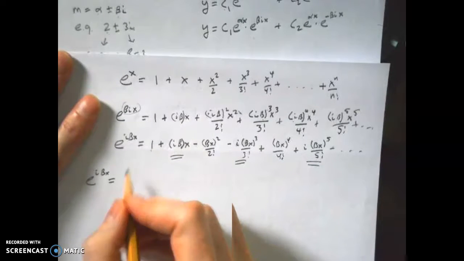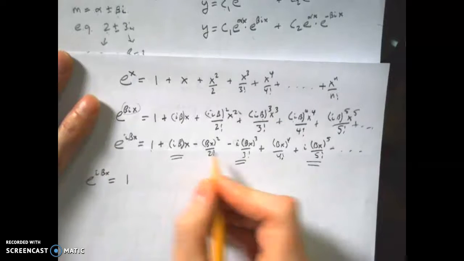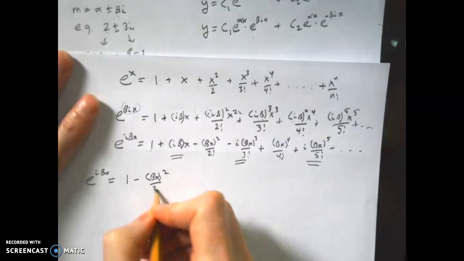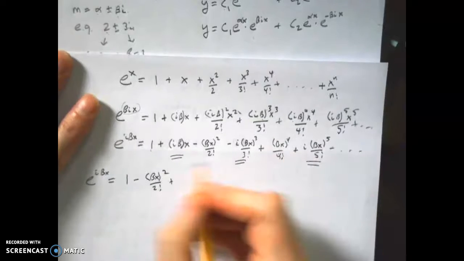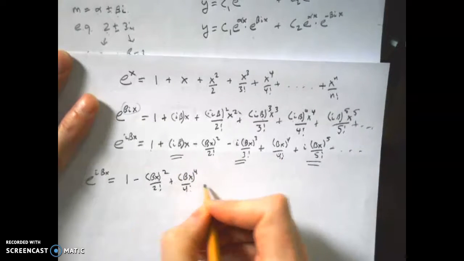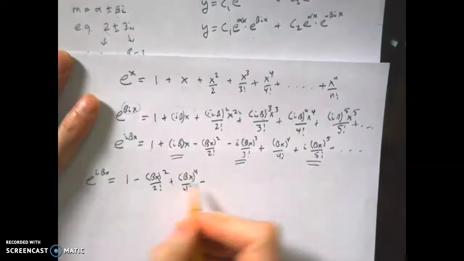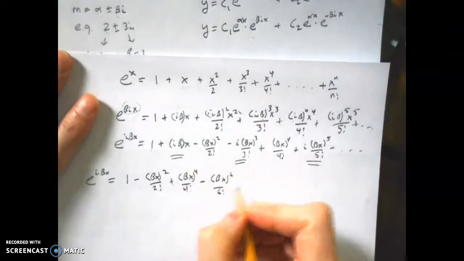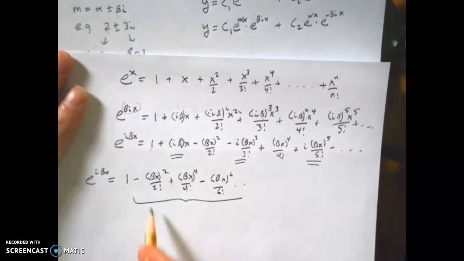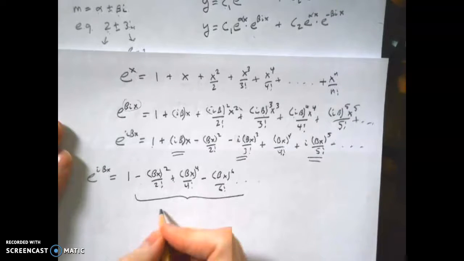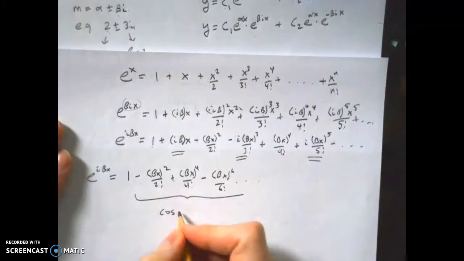So we've got 1 minus beta squared x squared over 2 factorial plus beta to the 4th x to the 4th over 4 factorial minus, this would alternate, you get beta to the 6th x to the 6th over 6 factorial, dot, dot, dot. And if you recognize this thing, that is your Maclaurin series for cosine of x, or in this case, cosine of beta x.